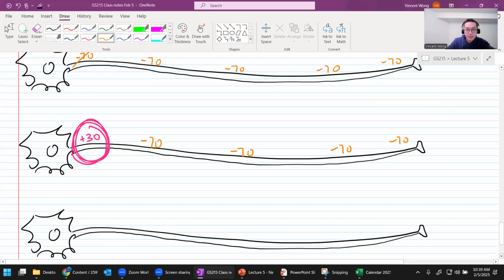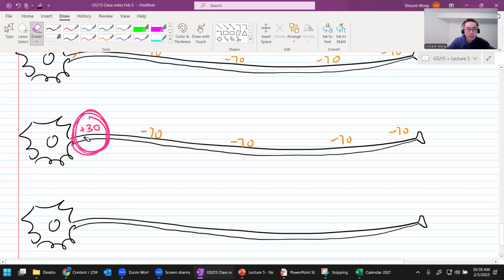Then what happens is, because this part is undergoing the action potential, the flip, all the sodium coming in, some sodium will creep forward because that's the only place it could go. It will then cause the next section to go over the threshold, and then the sodium will come in for the next section, causing it to become positive 30.